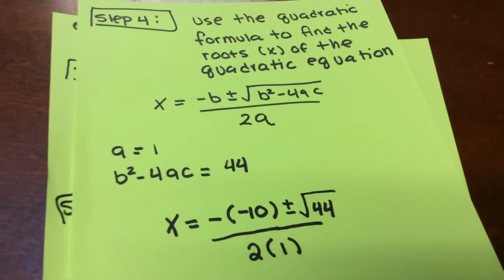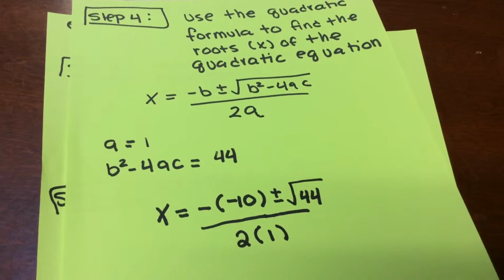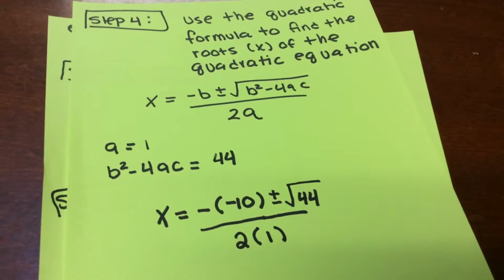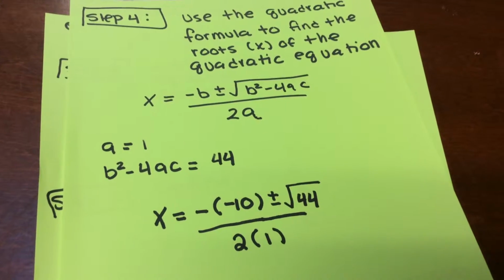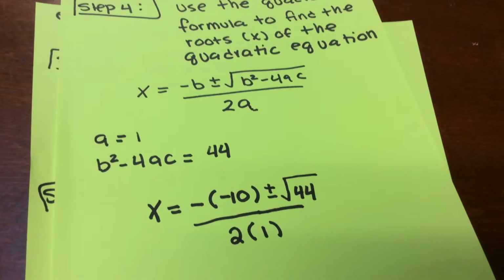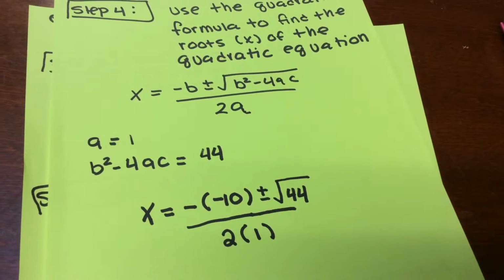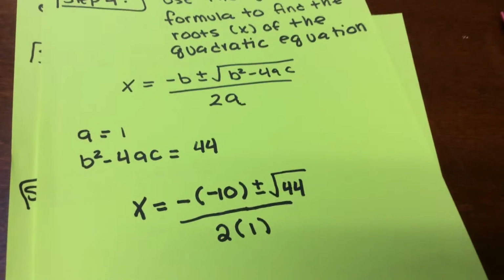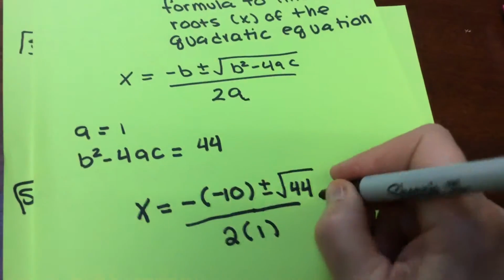So it makes it a lot easier when you find the discriminant, because not only do you know how many and what type of solutions you're going to get, but you also have it readily available to substitute into the quadratic formula. So let's go ahead and clean this up a bit.